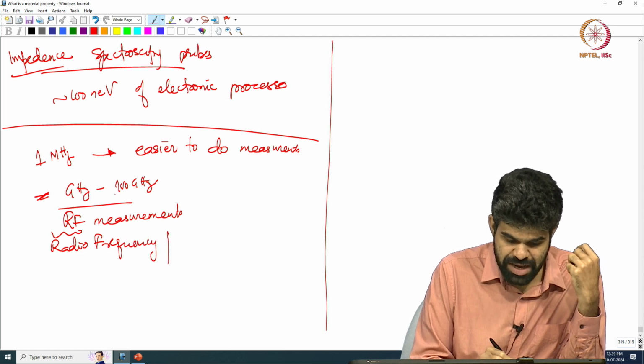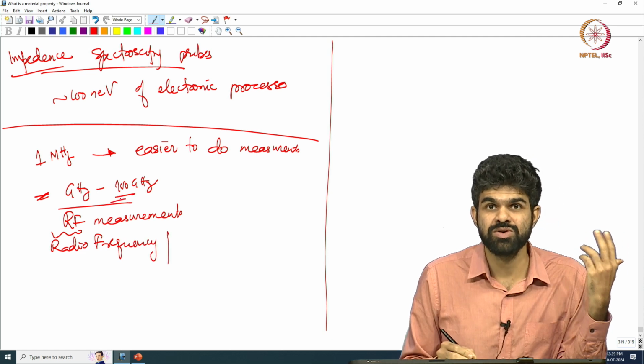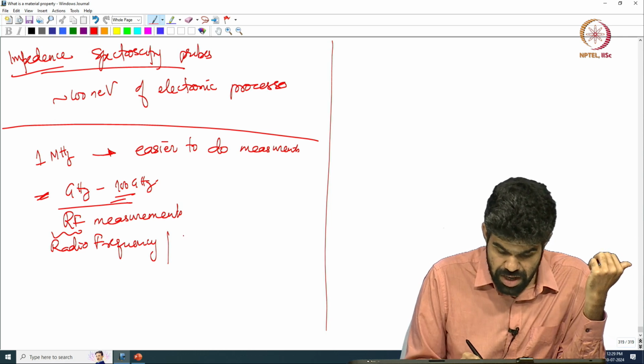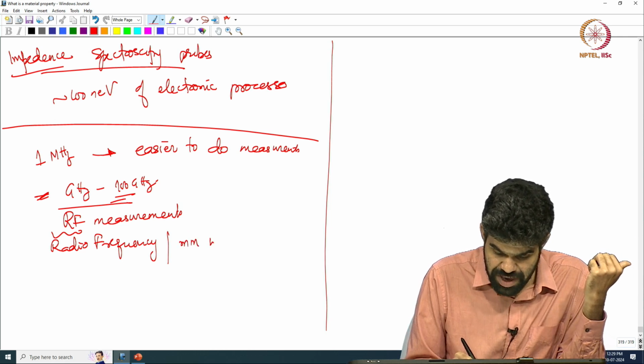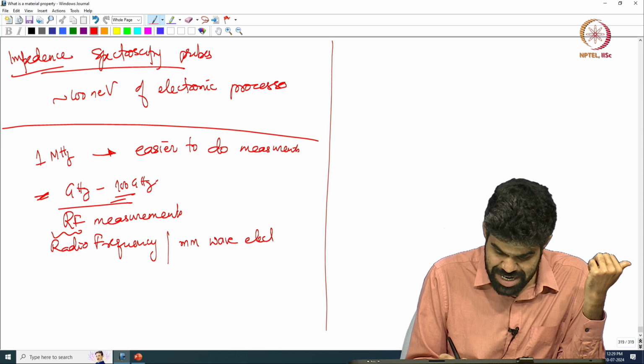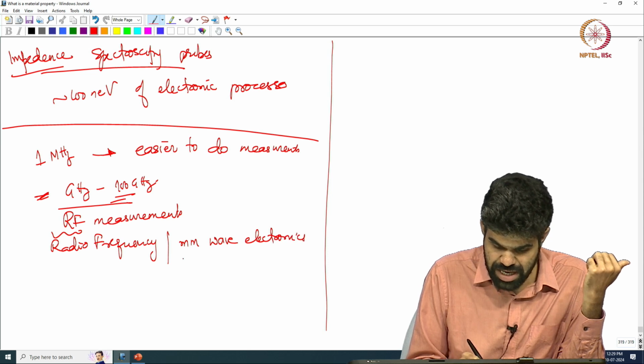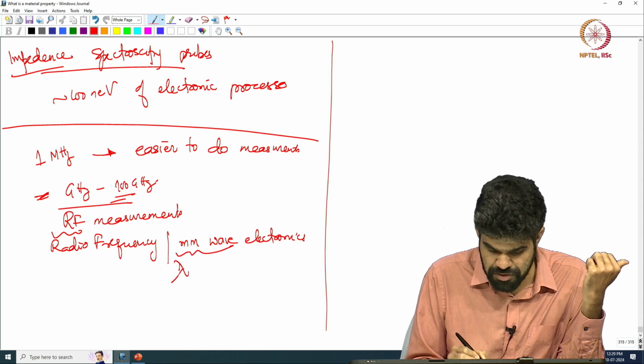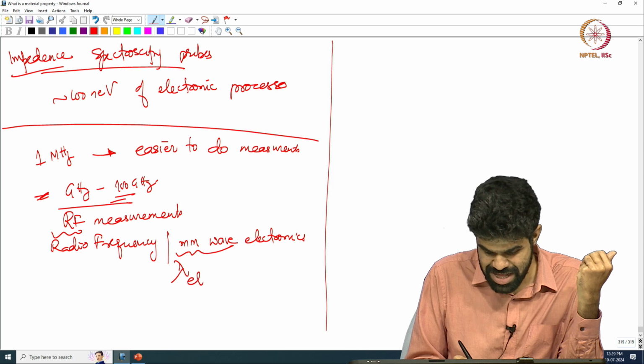If I go up to 100 gigahertz or sub-terahertz, these are called millimeter wave electronics.